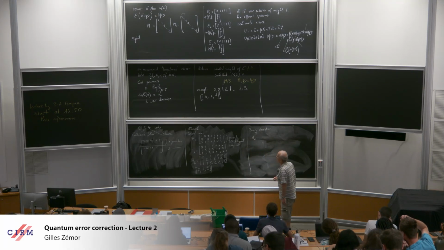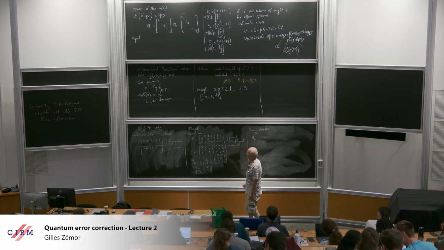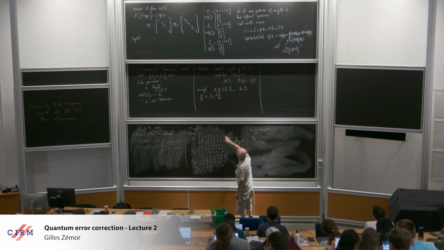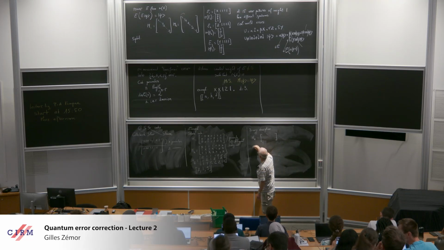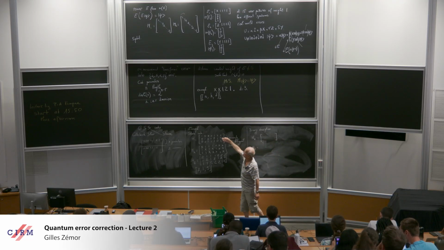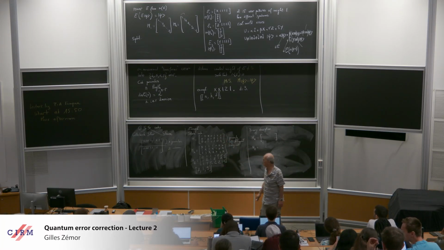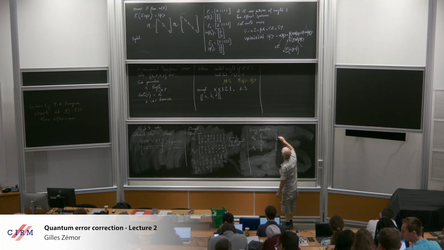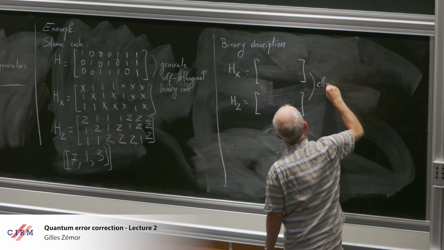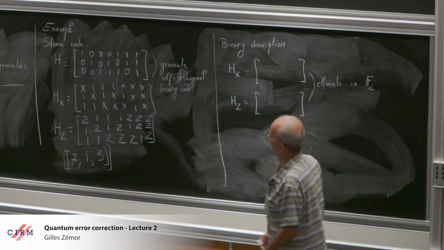So you need 2 matrices, let's call one HX, that will look like this, but it has only 2 types of symbols, so you could describe it in pure binary form, and also the HZ matrix, you can also describe it in binary form. So all have elements in F2.